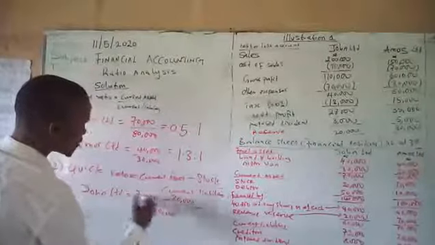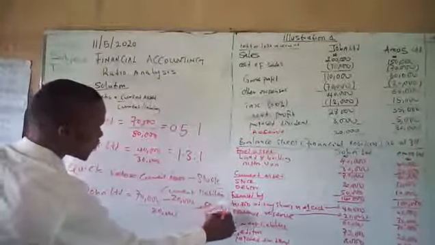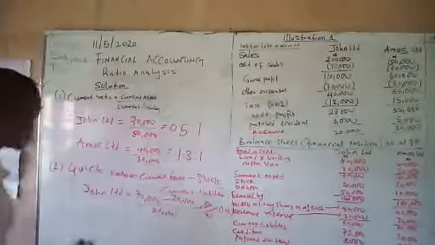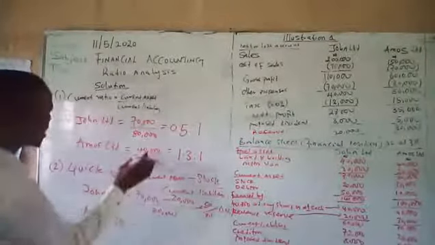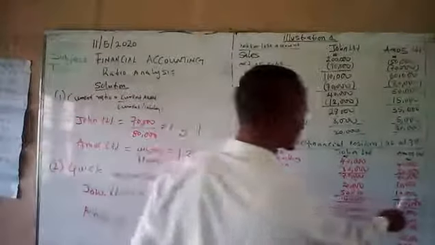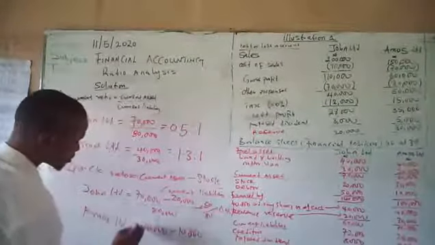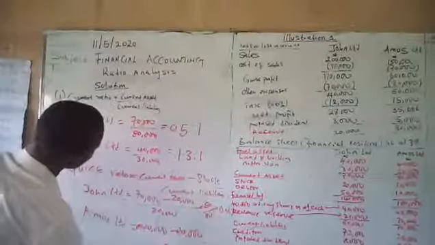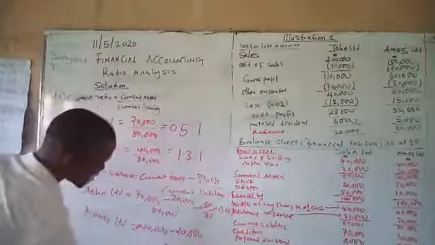We have 50 over 80, which is equal to 0.4:1. While for Amos Limited, we have the current asset of 40,000 minus inventory of 10,000, and current liability is 30,000. So we have 40,000 minus 10,000, which is 30,000.